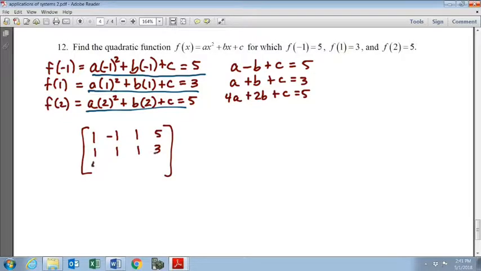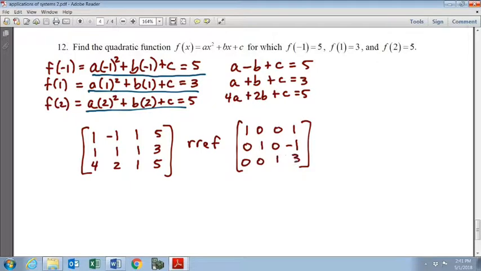Let's go ahead and write it in matrix form. You're going to do the RREF thing so that your calculator will change it to reduced row echelon form. And this is what we get. That tells me A is 1, B is -1, and C is 3.